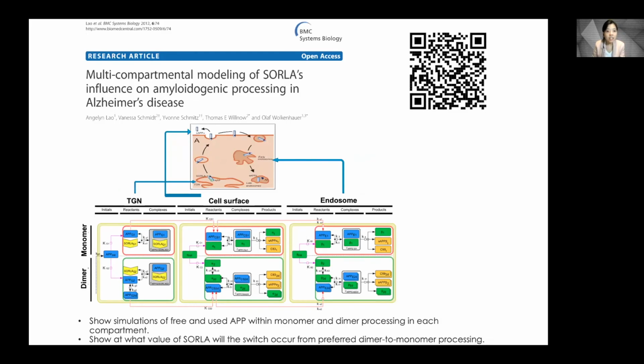We extended it with compartment modeling of the amyloidogenic processing in Alzheimer's disease. So here we try to track the activity of the genes when they are migrating or traveling from one compartment to the other compartment.